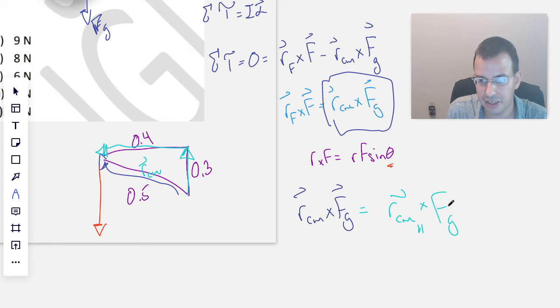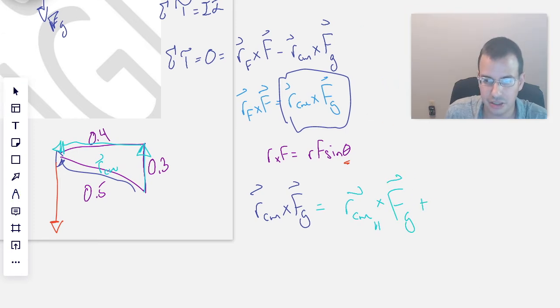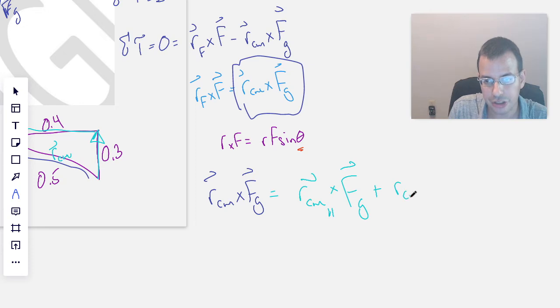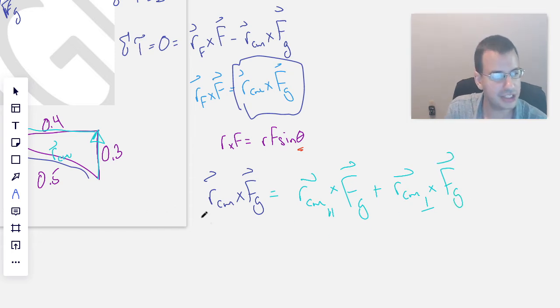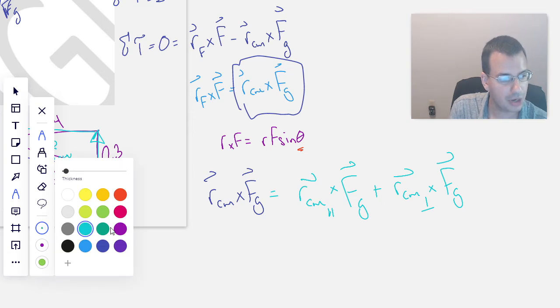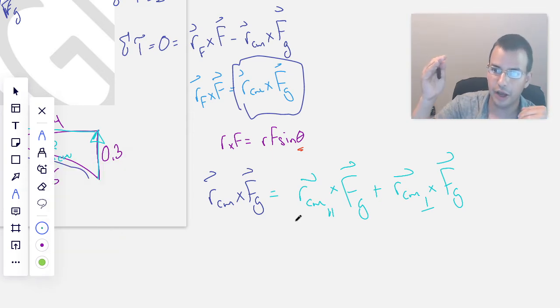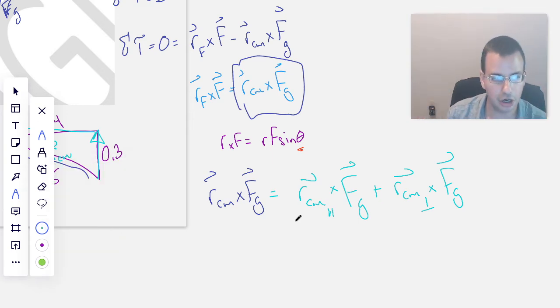Cross force gravity plus R center of mass perpendicular cross force gravity.